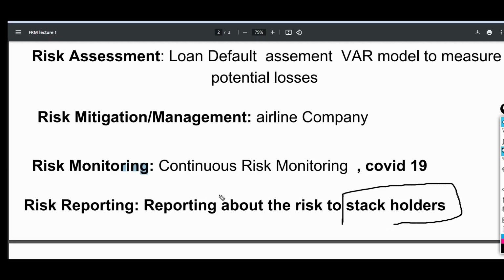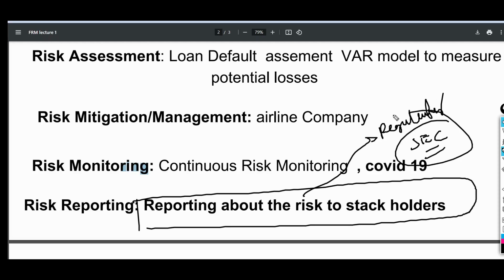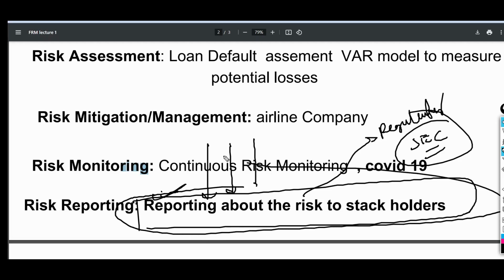If there is any big risk issue with the company, how you are going to deal with that, you have to communicate to the stakeholders, because they are the investors in the business, so they should know that. And you also need to report the same to the regulators, like the Securities and Exchange Commission in the US, the SEC. If public investors are investing in your company, they should know the complete risk challenges faced by your company. So that is a very, very important part.